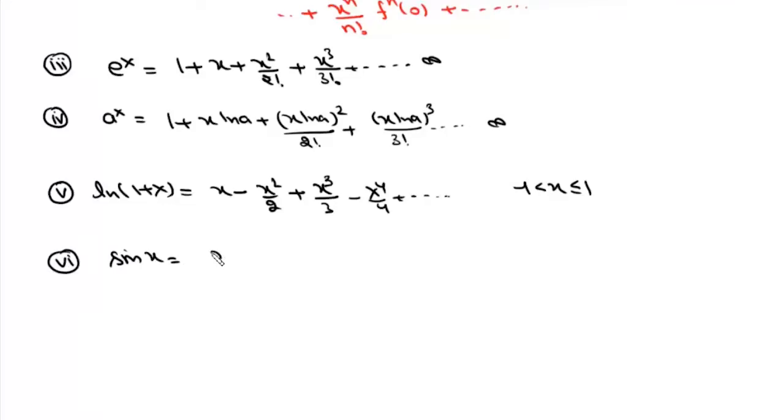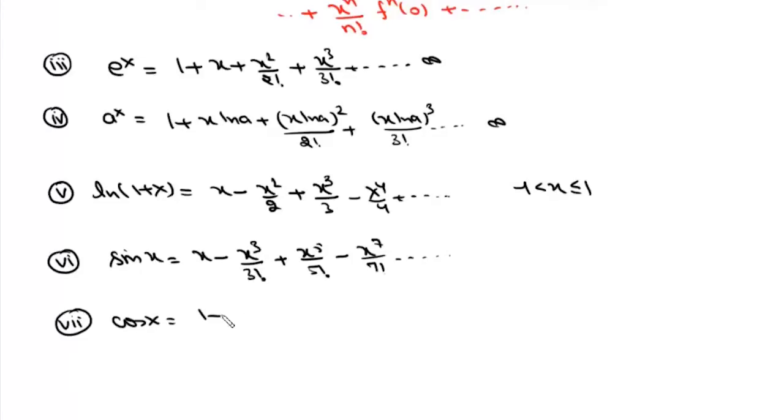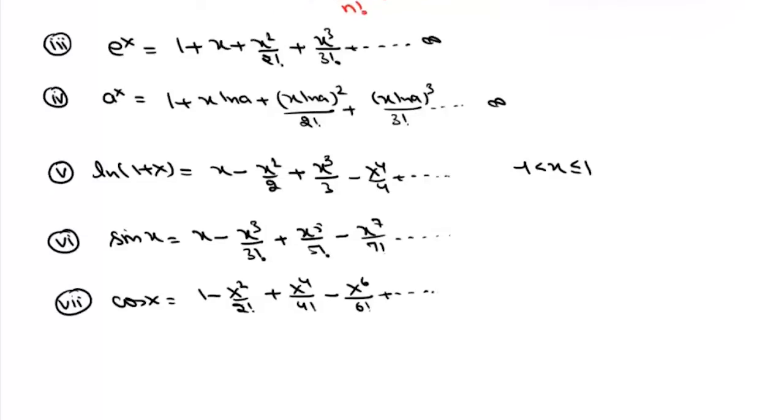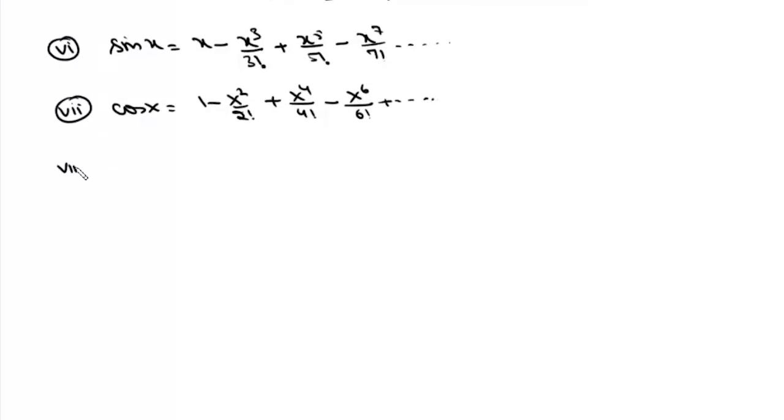Now for sin x, this is x minus x cube upon factorial 3 plus x to the power 5 upon factorial 5 minus x to the power 7 upon factorial 7. Expansion formula for cos x is 1 minus x square by factorial 2 plus x to the power 4 upon factorial 4 minus x to the power 6 upon factorial 6. I will continue up to infinity.